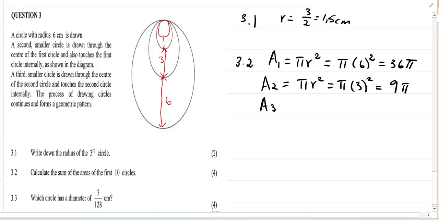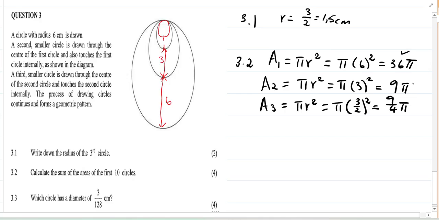The third circle, it's pi r squared as well. The area is 3 over 2 squared, meaning that we have 9 over 4 pi. I'm sure by now you can recognize the pattern that we are having here.